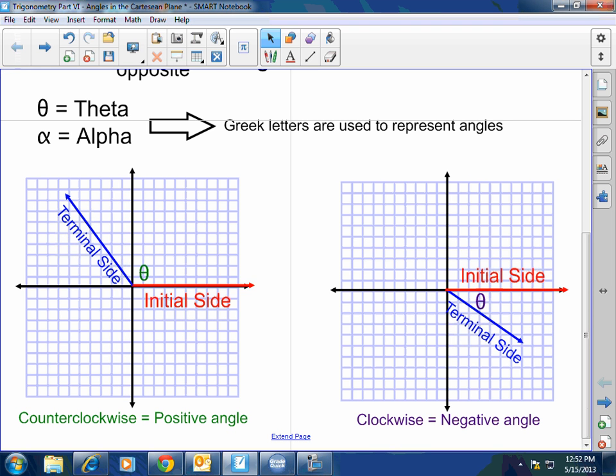When you have an angle, every angle is going to have an initial side, and the initial side is the x-axis. That's this red guy right here. The way that an angle works is it's literally kind of like the hands of a clock, except it's going counterclockwise. You know how the hands of the clock just go round and round, right?